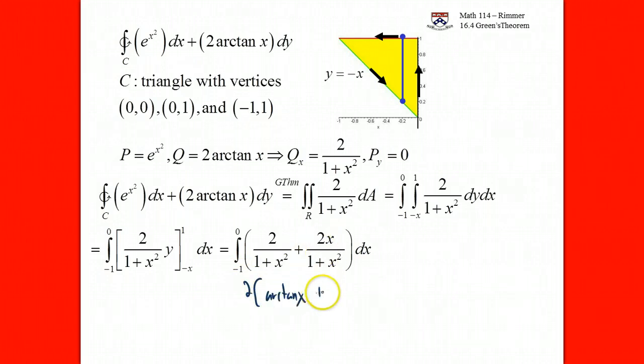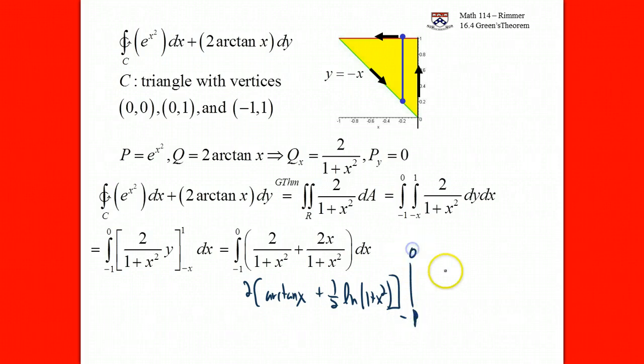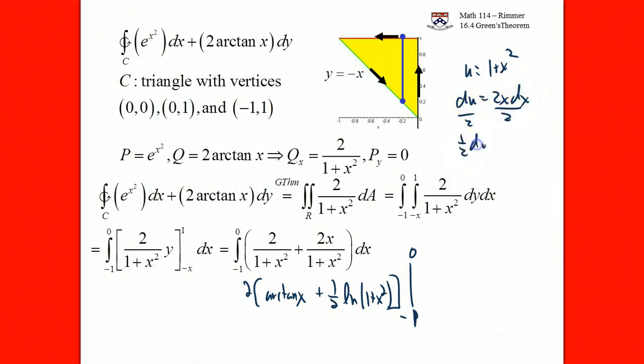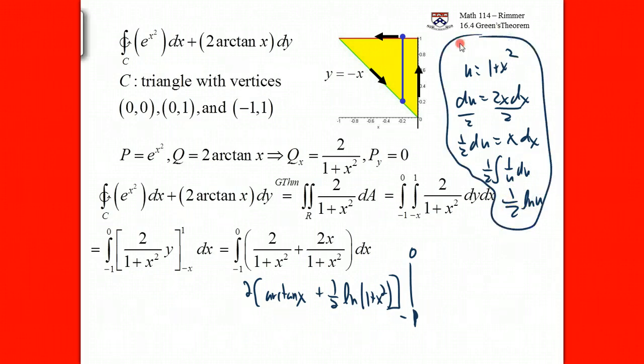If we pull the 2 out here, we get half of the natural log of 1 plus x squared. Okay, if u is 1 plus x squared, du is 2x dx, half of du gets to be the replacement to x dx, so you do half 1 over u du, which is half natural log of u. All this is little side work to help you find out that the antiderivative is exactly that.